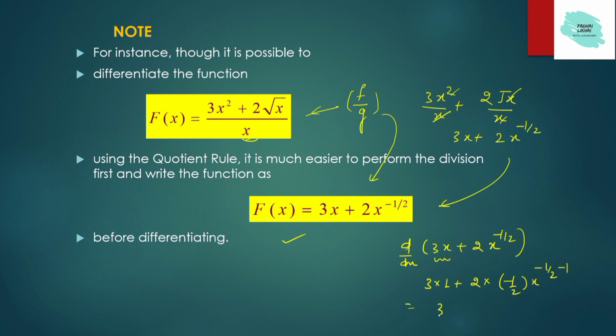So it will return 3, here the 2 cancels out, minus 1 will be here, x to the power minus 3 by 2. So this is the answer. So see, it became very easy when we divided f by g. Okay, so it is not necessary to apply the quotient rule all the time. So we have to deal with the situation.